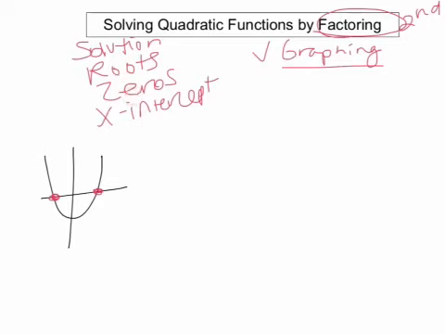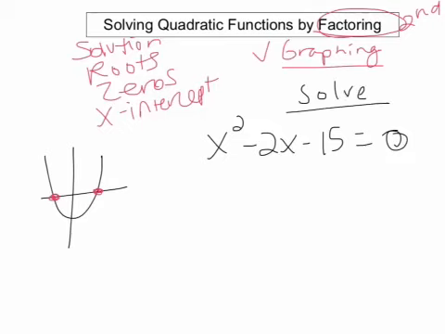So if you see in this quadratic, x squared minus 2x minus 15 equals 0, and it asks to solve. Okay, we're looking for the x's. We're trying to solve for these x's, which means we're trying to solve for the x-intercept, zeros, roots, solution. That's what it's talking about. So we could do that by graphing it the way we've learned it and find those x-intercepts.